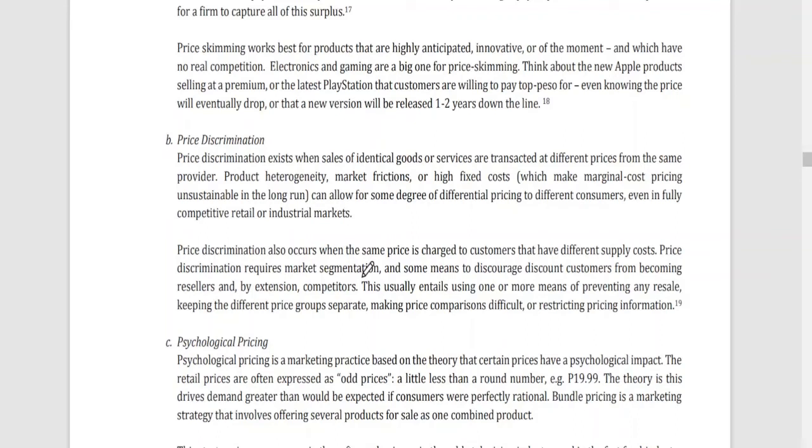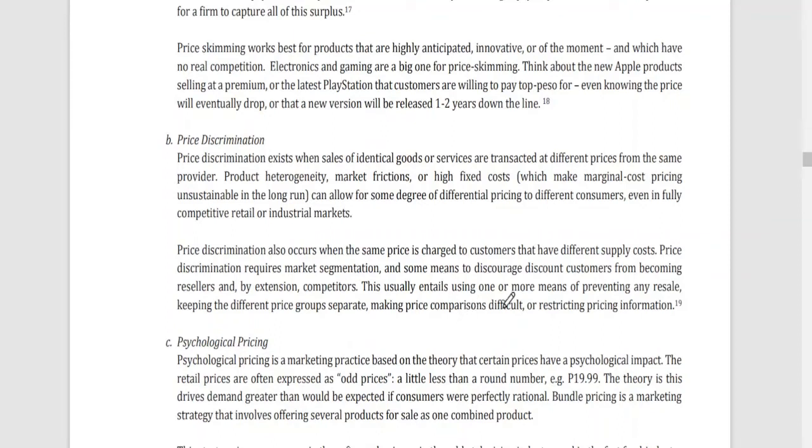So, we group these customers. Then, some means to discourage discount customers from becoming resellers and, by extension, competitors. Okay? So, if you implement this, you need to group your customers. And you also have ways that your customers will not become sellers later on because that will add up to your rivals, right?